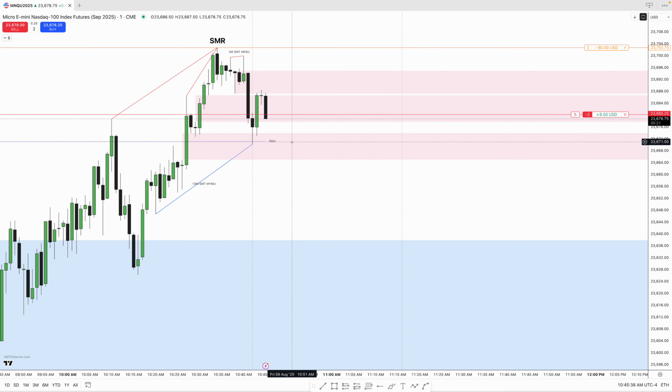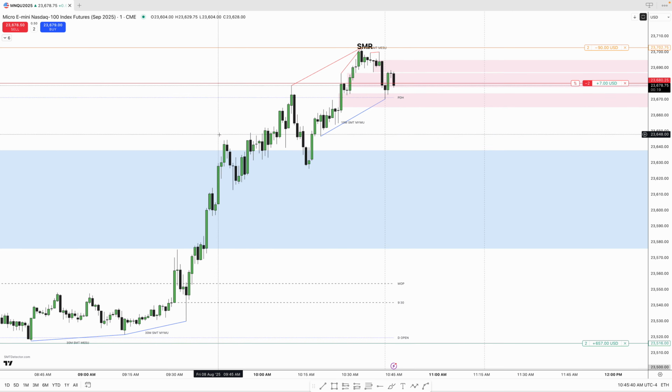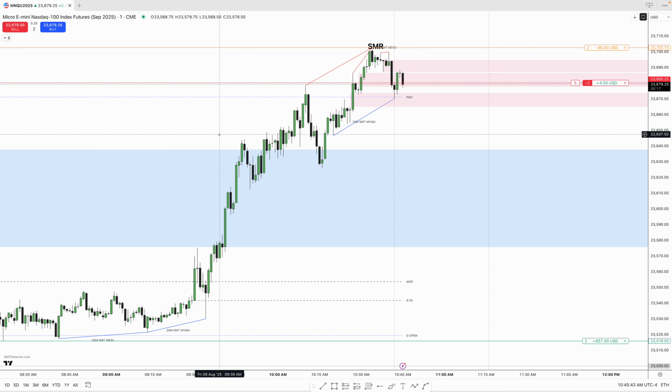But it's in line with the protocol and you have to take it if you're willing to take something against higher time frame order flow, which in this scenario I am because it has daily SMT. Moving lower on YM, moving lower on ES.